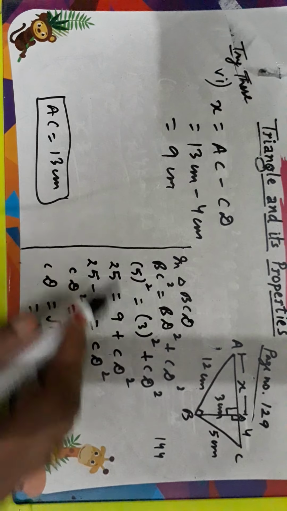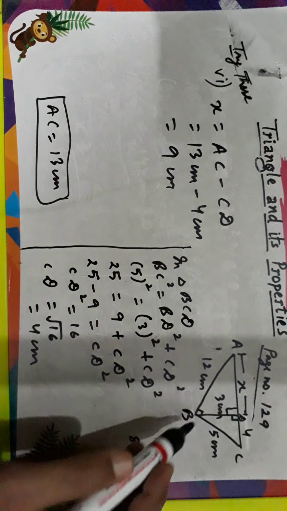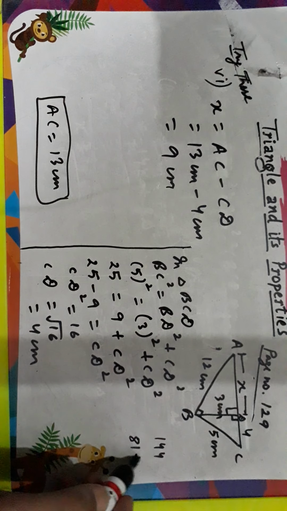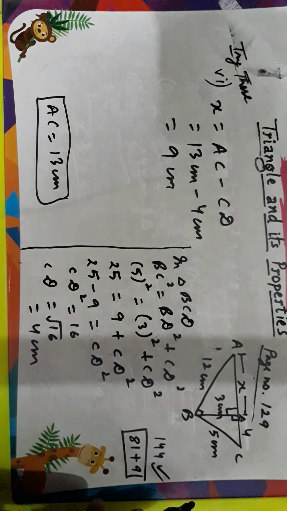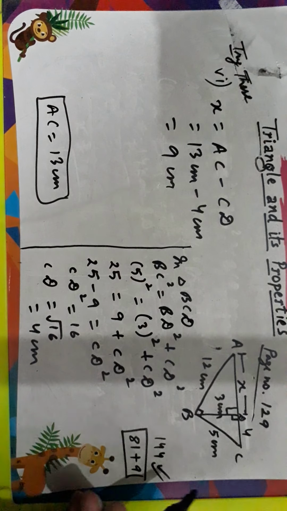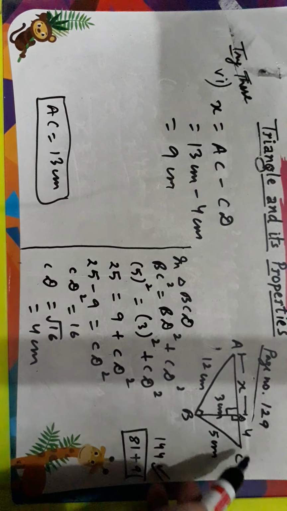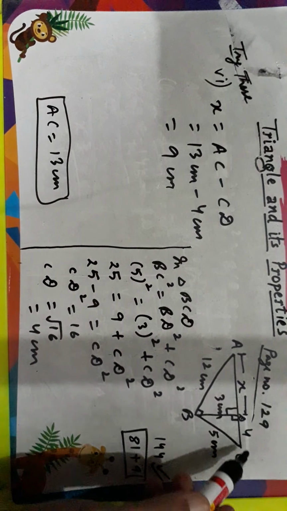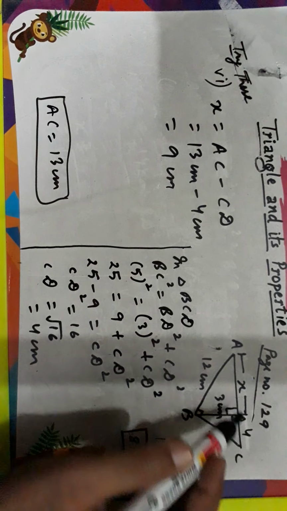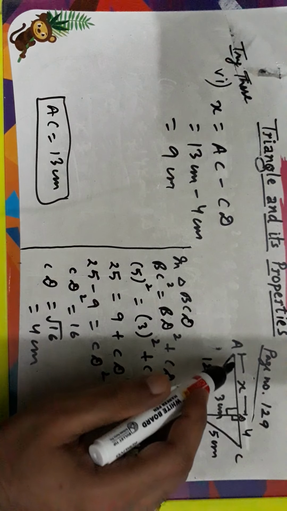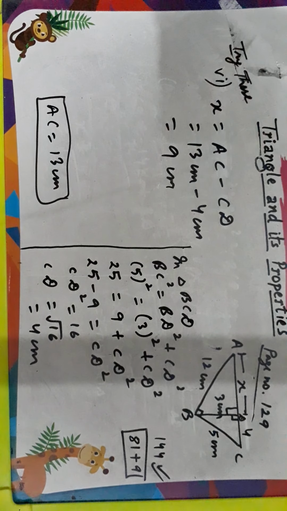Perpendicular square means 9 square, which is 81, and the base is 3, so 3 square is 9. When you add these two, you don't get 144. But whatever the question is, if you solve it that way, this will be 4 centimeter, this will be 9 centimeter, and AC entirely will be 13 centimeter.